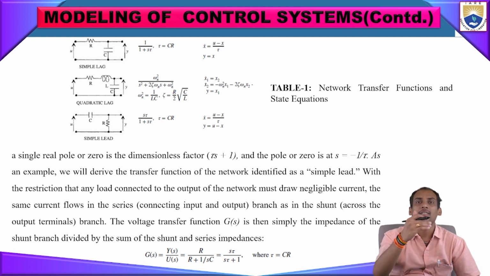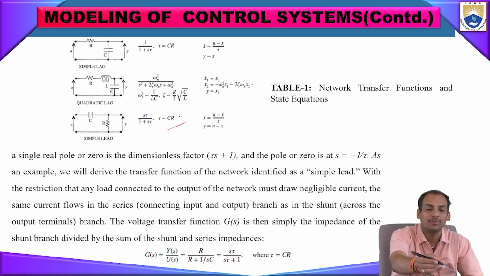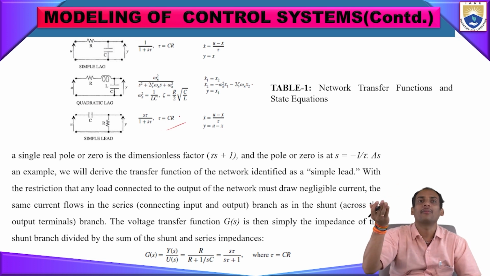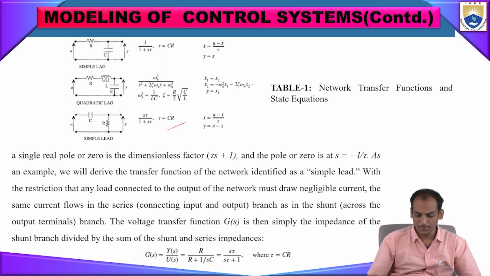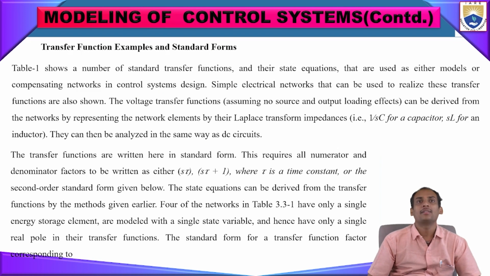For the respective transfer functions, we have also shown how to convert the transfer function into this representation. The table shows the standard functions, and the electrical networks used to realize the transfer functions are also given here.